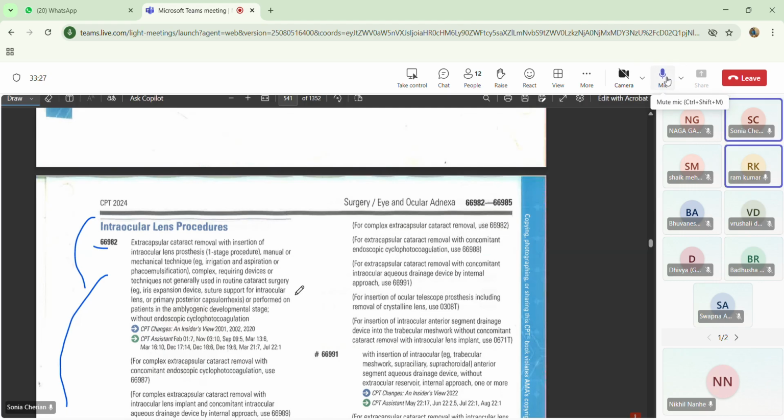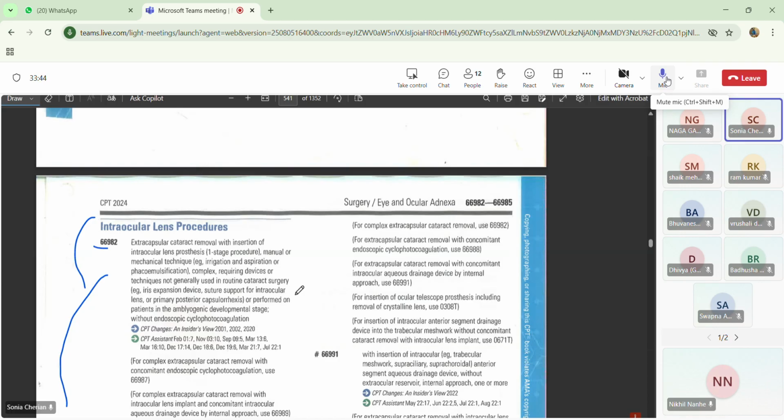And also you can look for iris expansion devices. If they are using any device to expand the iris, not to focus the iris, but to expand it, then you can code 66982.